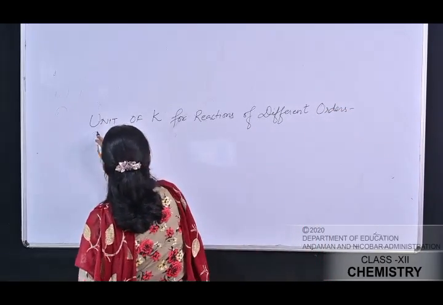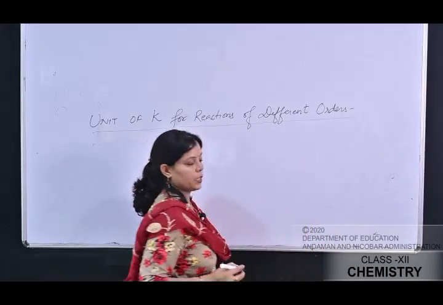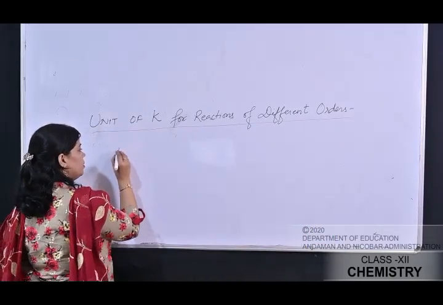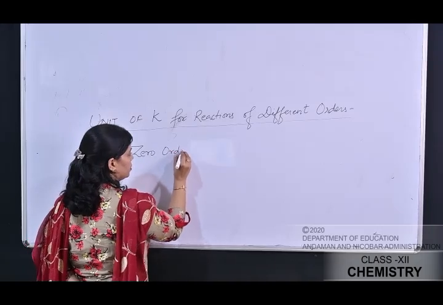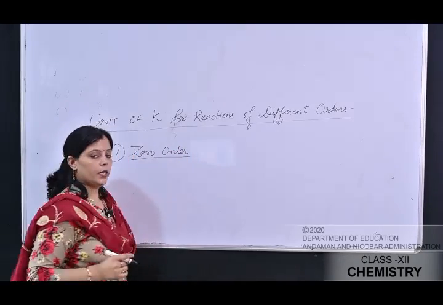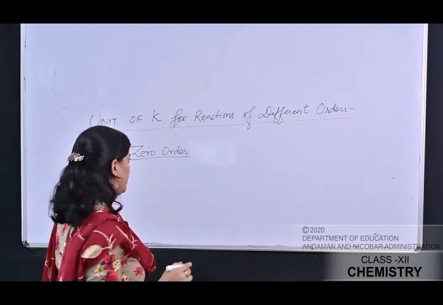First, for zero order. How do we calculate the unit of rate constant for a zero order reaction?